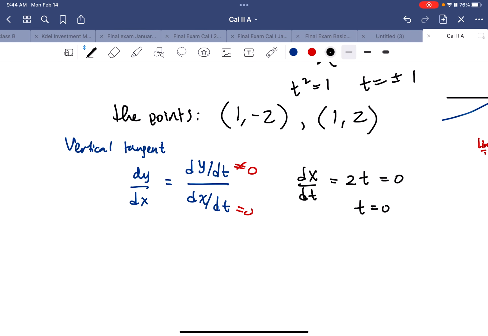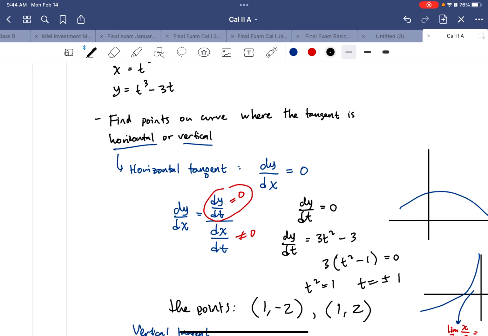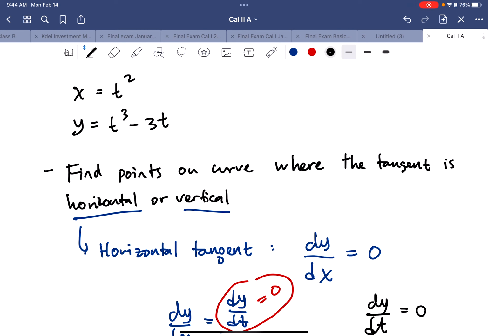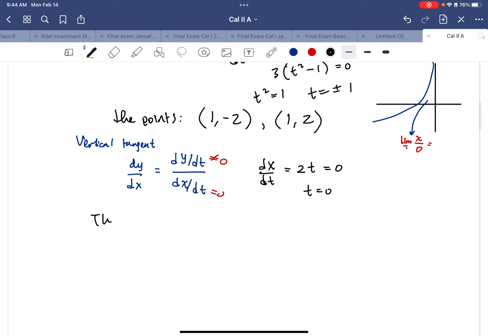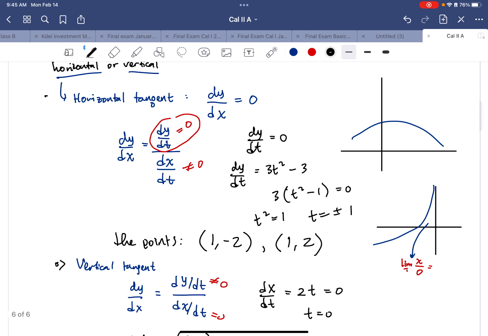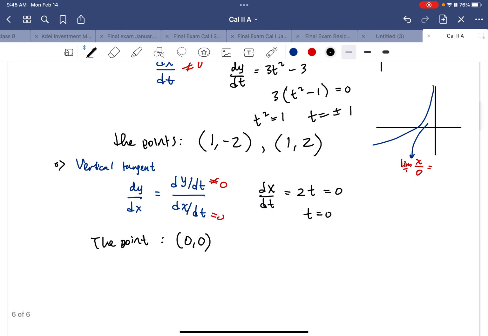When your t is 0, what will happen to our positions is just 0, 0, right? Just origin points. So the corresponding point is just 0, 0 for the vertical tangent. Okay. So a little bit review. Okay. Horizontal, vertical. Okay.